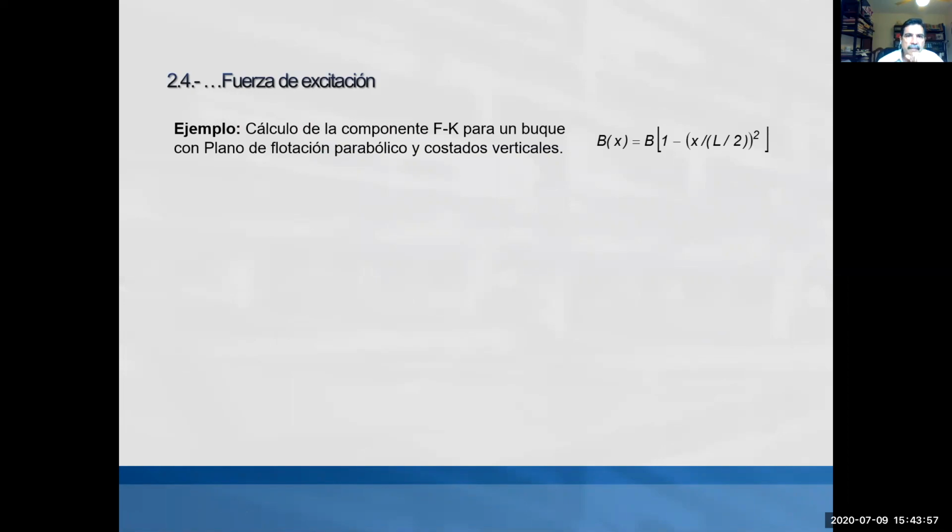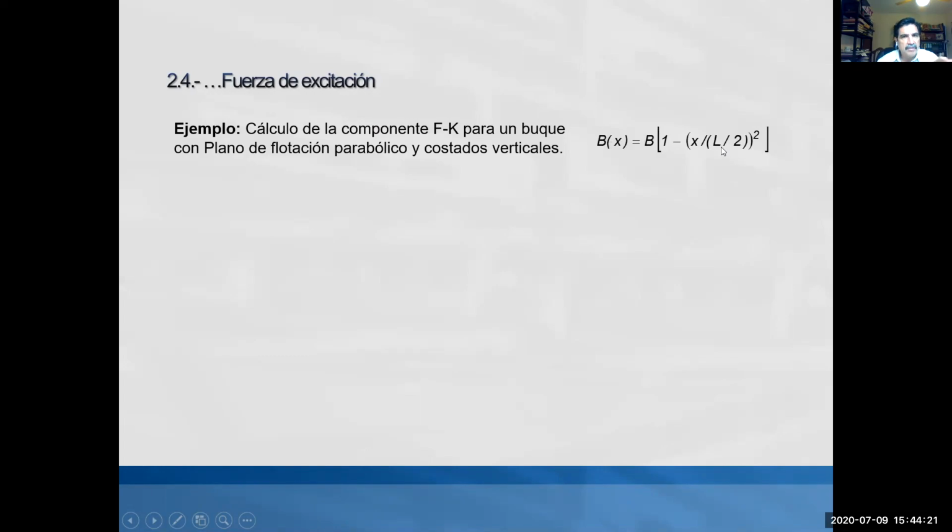In this case, sides are vertical, and here the beam changes like this. When x is equal to 0, b is equal to large B. When x equals L over 2, the beam is 0. Same thing when x equals minus L over 2.